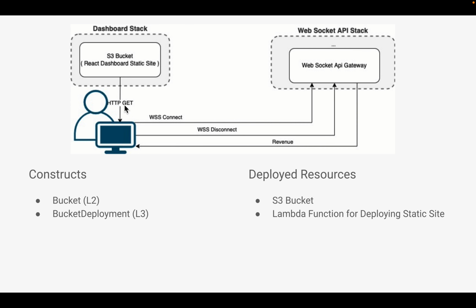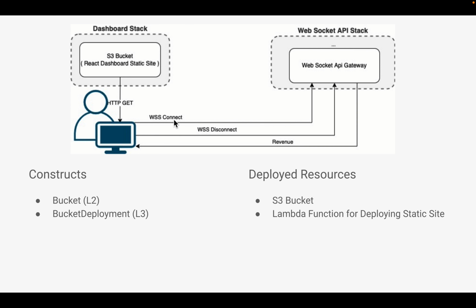So someone will make an HTTP GET request to the S3 bucket static website URL, and that's going to pass down the React-based dashboard application and load up in a user's browser. Upon loading that, it's actually going to fish out a query string parameter that should be supplied to the website URL that represents the API gateway WebSocket endpoint.